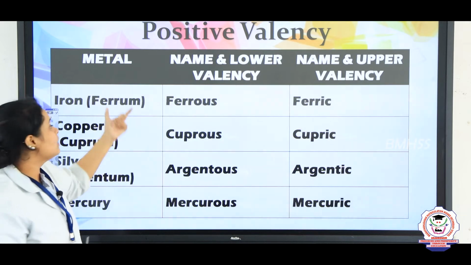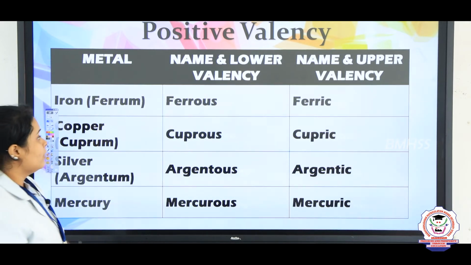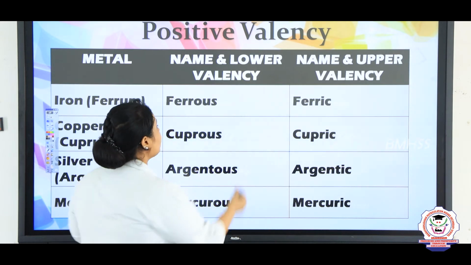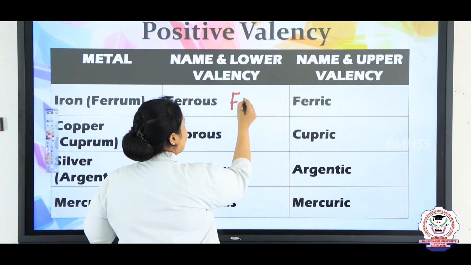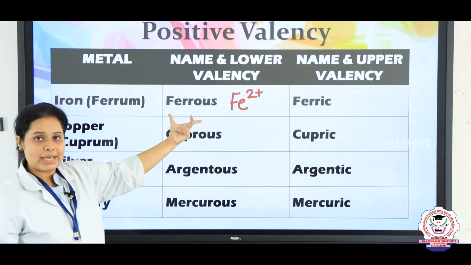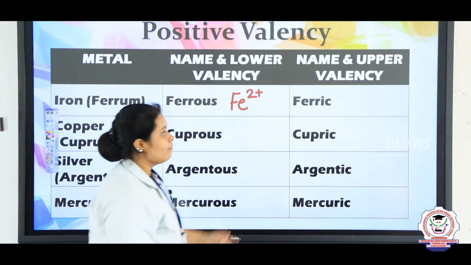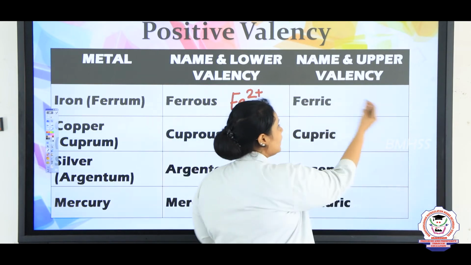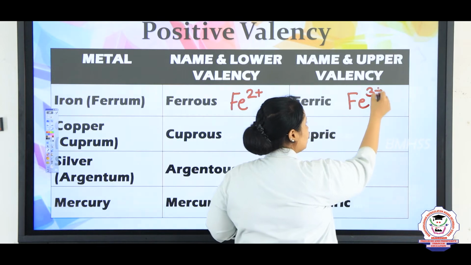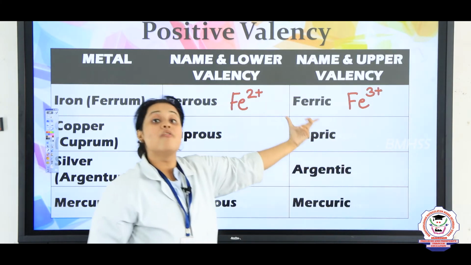Iron is also known as ferrum, and if you remove 2 electrons from iron, it will become Fe2 plus and the name will be ferrous. Same way, if you remove 3 electrons, it will become Fe3 plus and the name will be ferric.